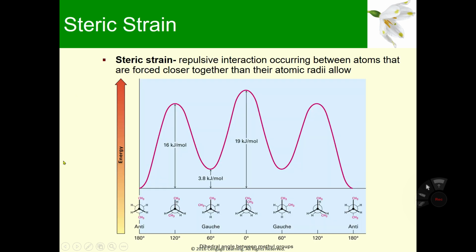Okay, so in this case, the energy of this one will be two CH3-H torsional strains and a static strain and an H-H torsional strain. So that gives 16. Okay, this is 3.8 because they are gauche interactions, and this will be 4 and 11, that becomes 19, and this is the same as this, and this is the same as this, and this is the same as this.